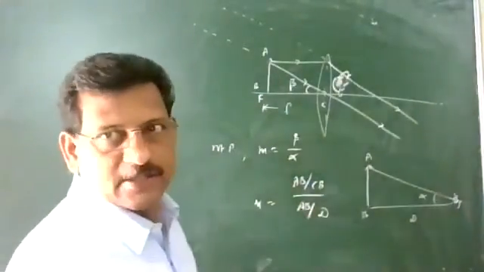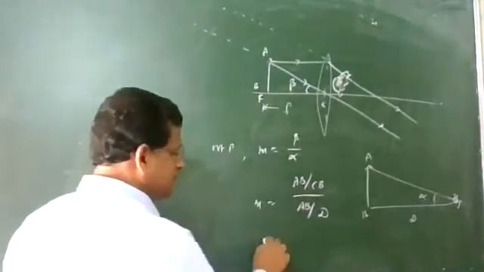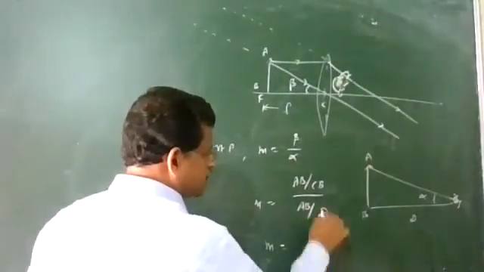So AB cancels, and the remaining is D upon f.